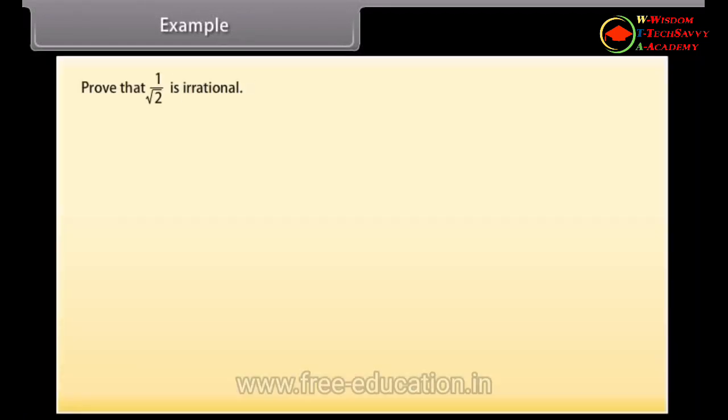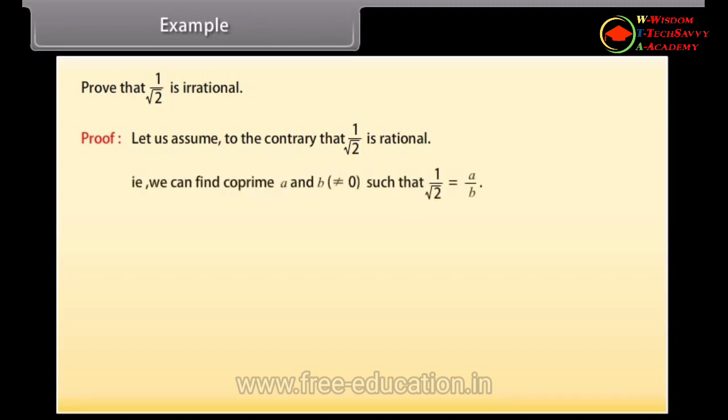Example. Let us solve an example now. Prove that 1 upon square root 2 is irrational. Proof. Let us assume to the contrary that 1 upon square root 2 is rational. That is, we can find coprime a and b, where b is not equal to 0, such that 1 upon square root 2 is equal to a upon b. Therefore, b upon a is equal to square root 2.